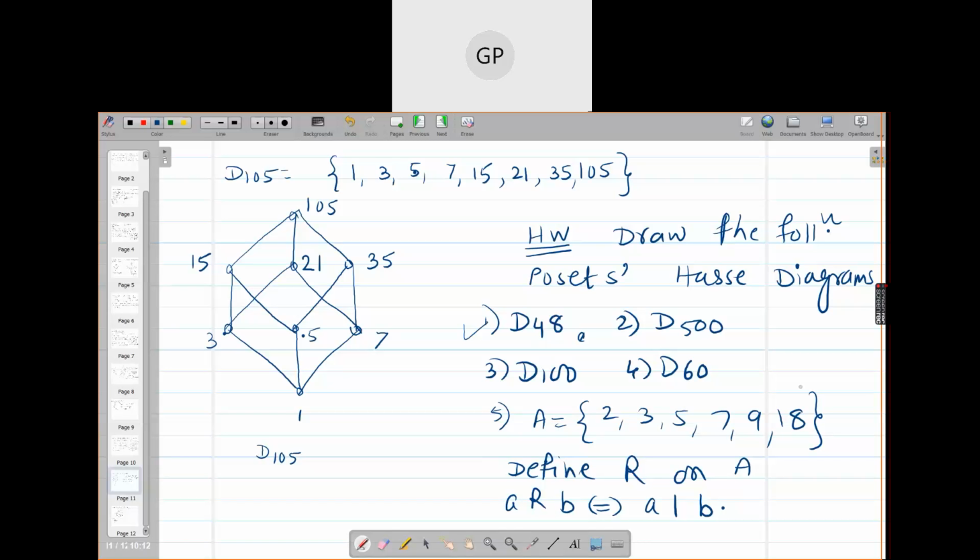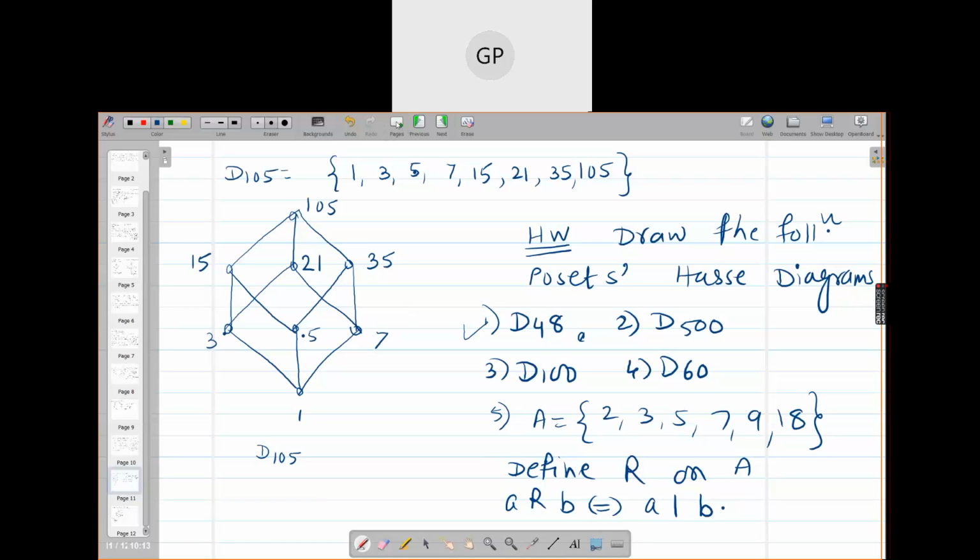Otherwise such kind of user defined example will also be there, and then you should be able to draw the Hasse diagram. Okay, so non-comparable elements at the same level, the element which divides some other element, so the smaller element must be kept at the bottom, etc. All those notions you have to carry out.